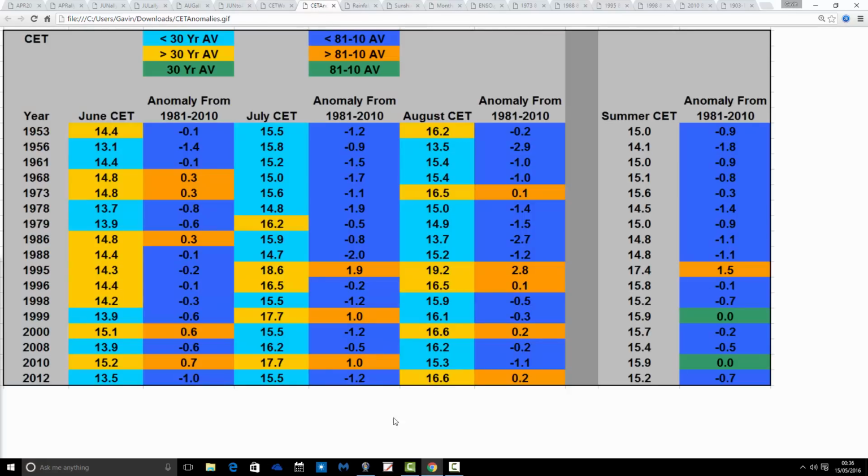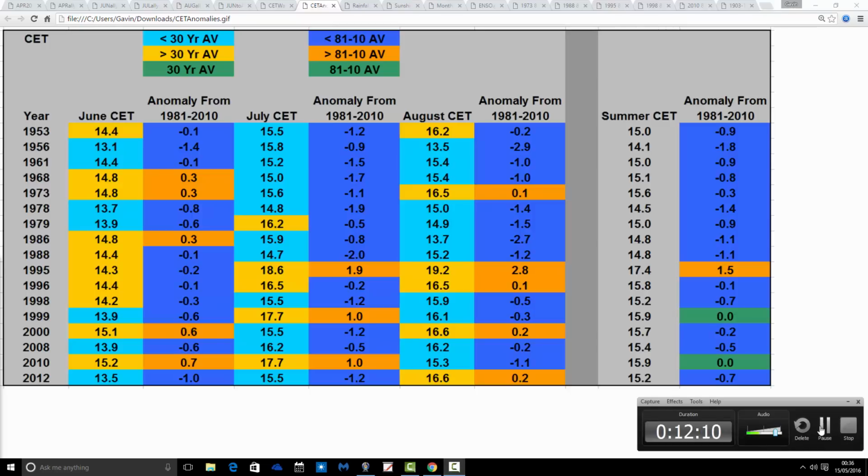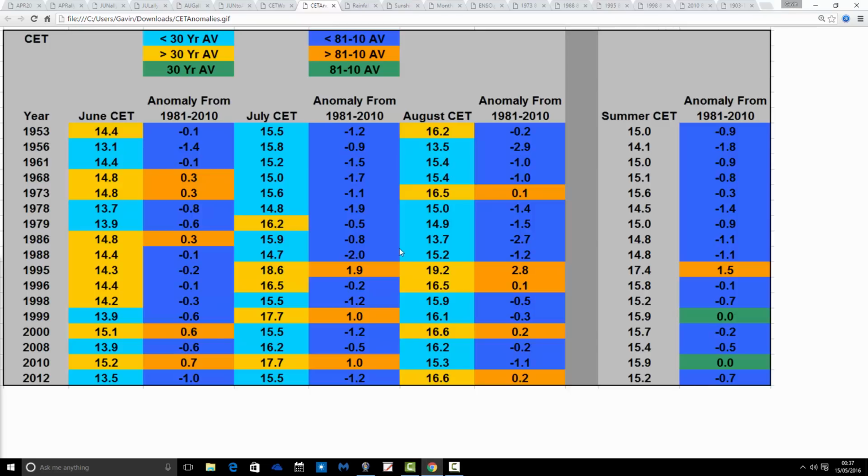So what we're looking at with this chart that James has sent through is comparing through to the 81 to 2010 average, the most recent 30-year average. And again, we've got the central temperatures here for the summer months. So we've got June just here, July just here, and August just here, with the anomalies of those summer months next to them.